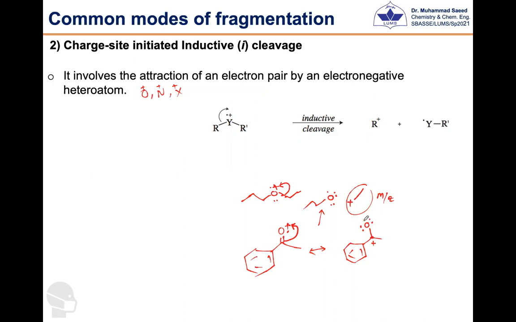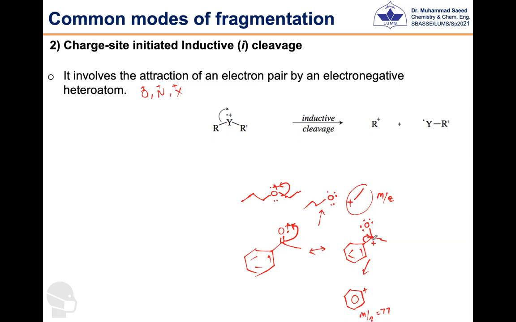Oxygen becomes neutral. And now one of the bonds adjacent to this positive charge will move toward this positive charge. So we can have an ion with the positive charge on the benzene ring, and M over Z at 77 will show up.